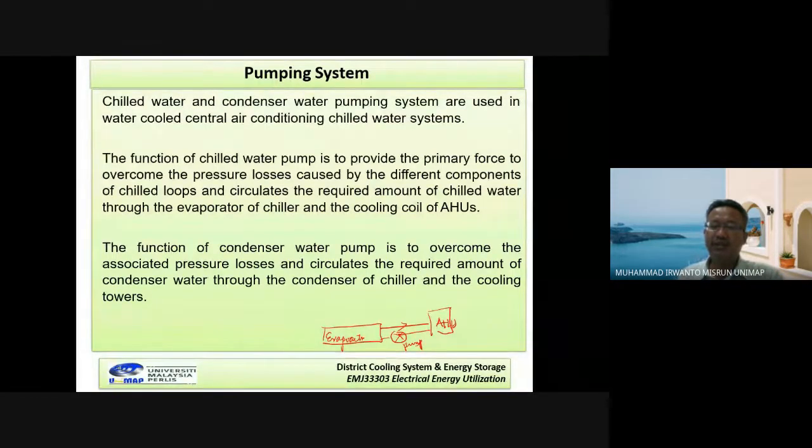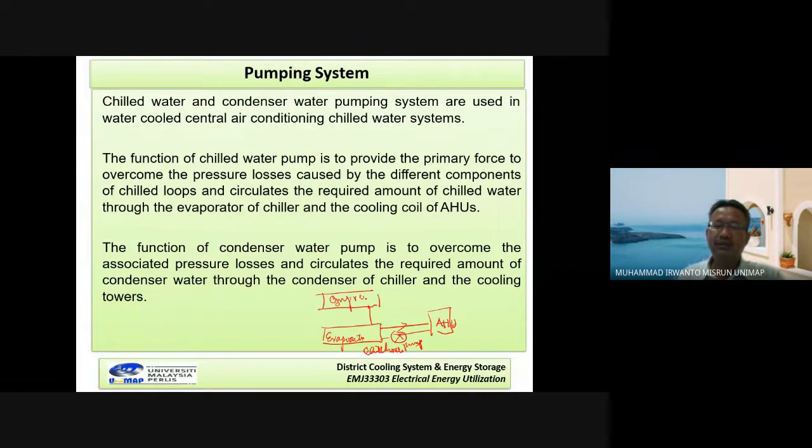This pump we can also call the chilled water pump. And then this water will flow through this pump here and goes to the compressor.